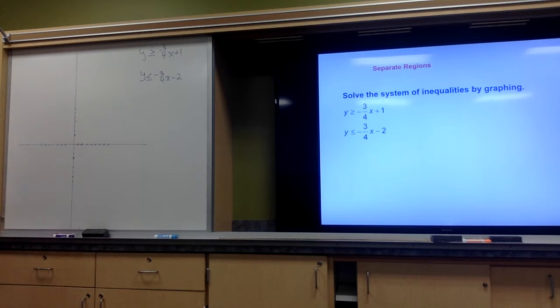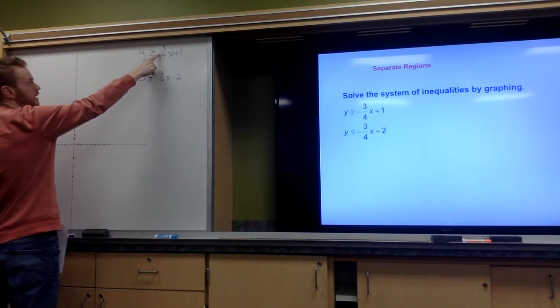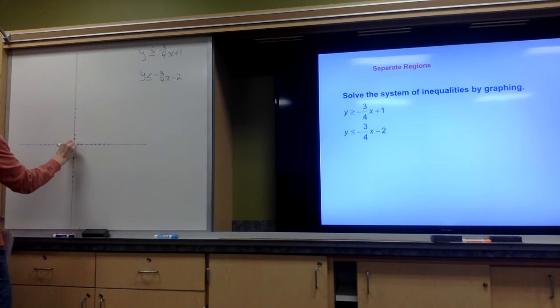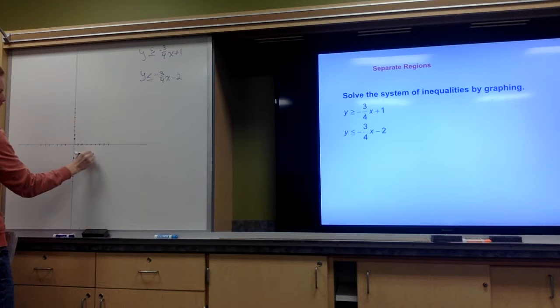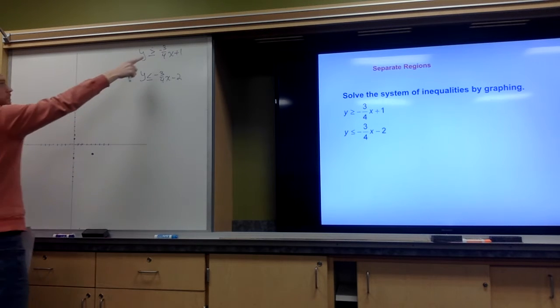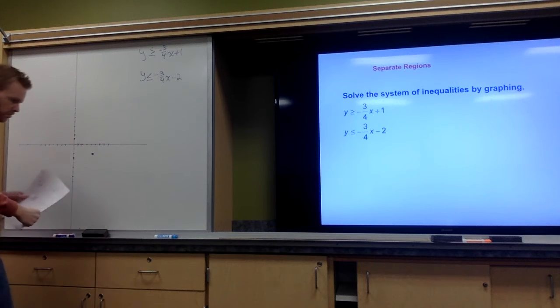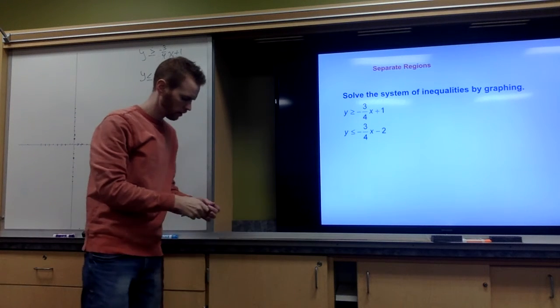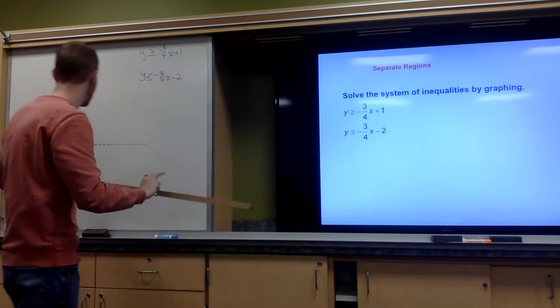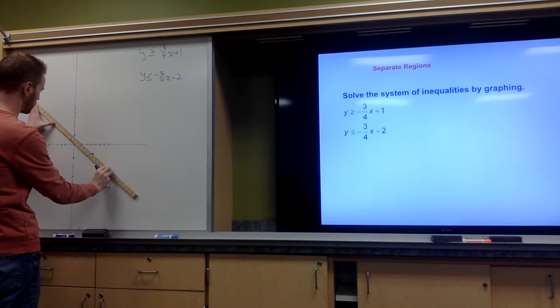Okay. So first step, graph each line, keeping in mind the dotted and solid lines. The first one starts at 1, and we're going to go down 3 over 4. So down 3, over 1, 2, 3, 4. There's my next point. It's going to be a solid line. Now, notice something. I kind of changed what I did here.